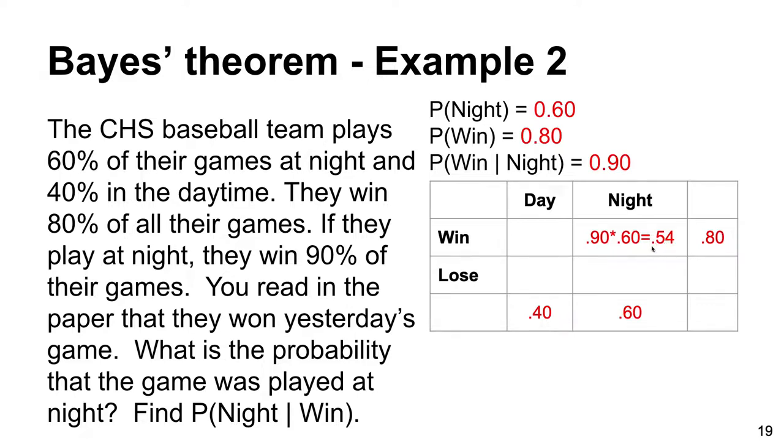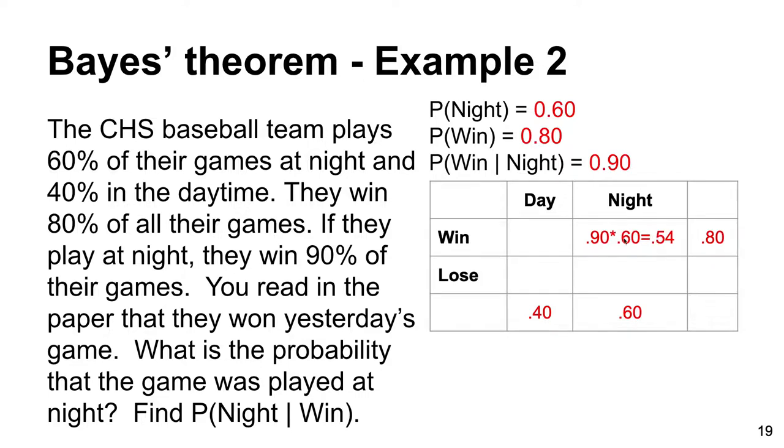Okay, 54. This is the joint probability of winning and playing at night, and we calculated it from the conditional probability of winning given that you played at night being 0.9.